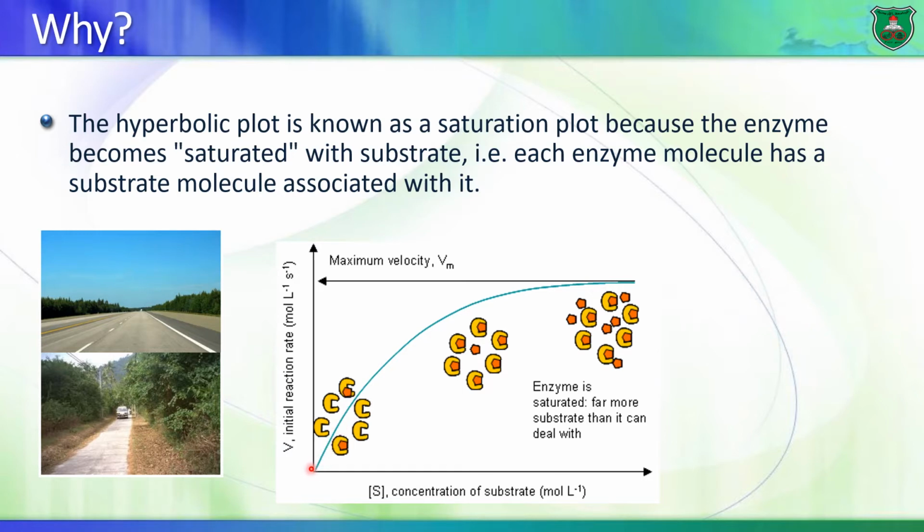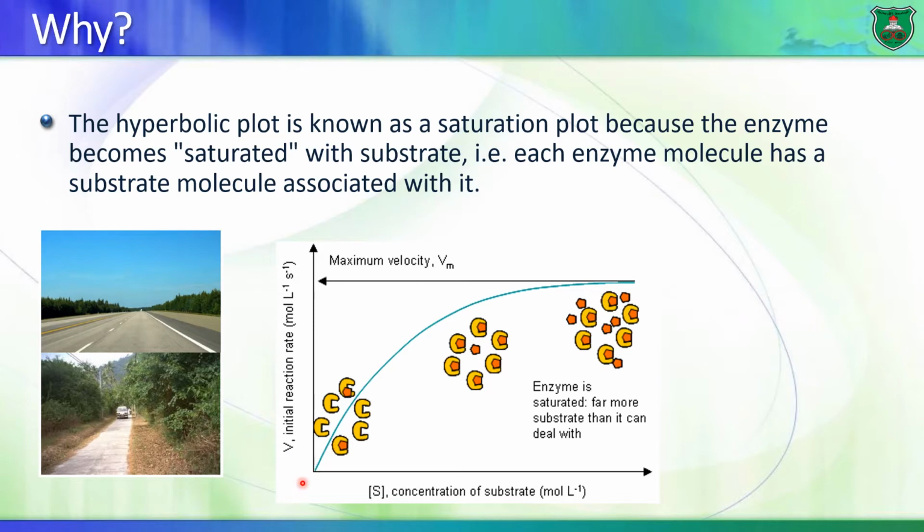Now, when you have really high substrate concentration, it plateaus because the enzymes are saturated, and even if you add more substrate, the enzymes are still saturated. They just cannot go faster anymore.